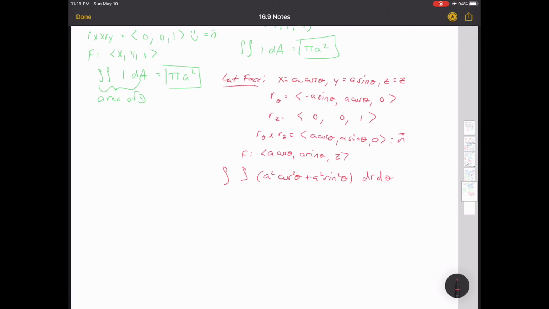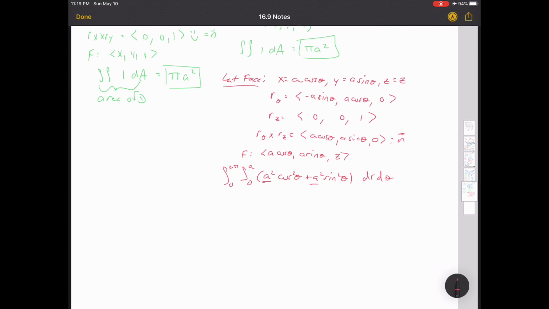Okay, r here is going to go from 0 out to a. And again, remember that a is constant, so we can use that if we can separate these. And then theta goes from 0 to 2 pi. Well, I can factor the a squared out, and if I factor that out, it leaves me with cosine squared plus sine squared, which is 1.